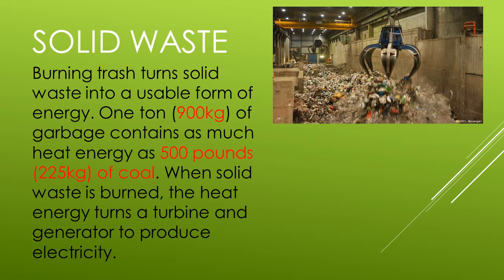Now, another piece of biomass is solid waste, all right? So think about solid waste as trash, okay, which we see in the picture there. So burning trash turns this solid waste into a usable form of energy.